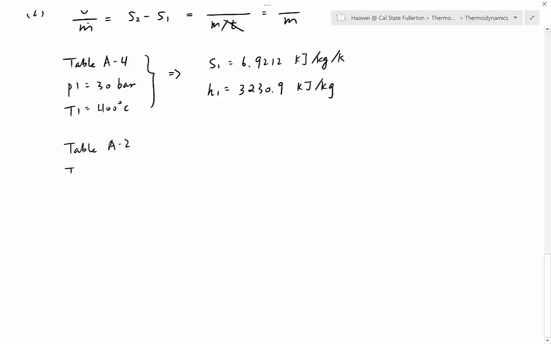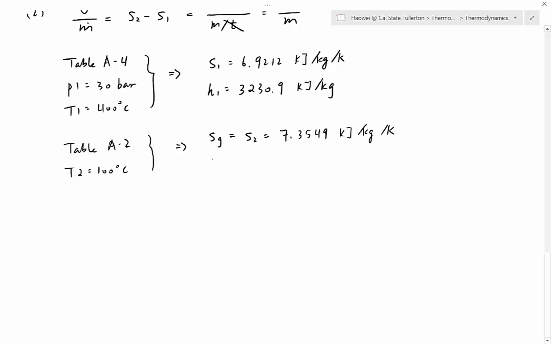And our input is temperature, which is 100 Celsius. And from the table, we can easily look for Sg, and Sg will just be our S2 because point 2 is point G. From the table, the value is 7.3549 kilojoule per kilogram per Kelvin.